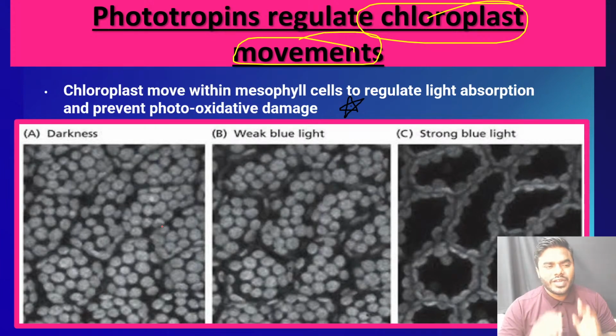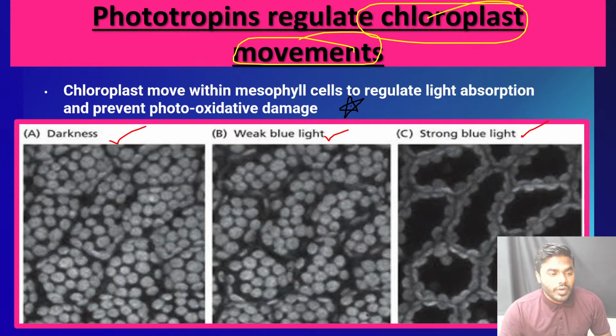Now, every student listen to me carefully. Look into the concept. This is the dark condition. This is a weak blue light. This is the strong blue light. See, friends, darkness. You are all able to see now: these are all chloroplasts, and they are not moving at all.